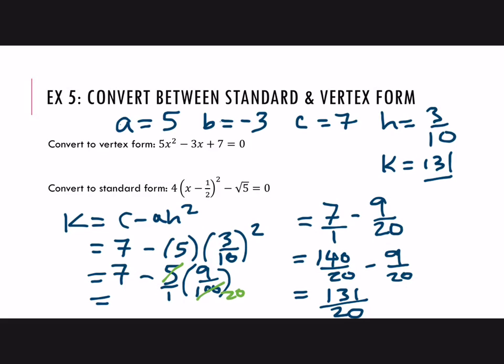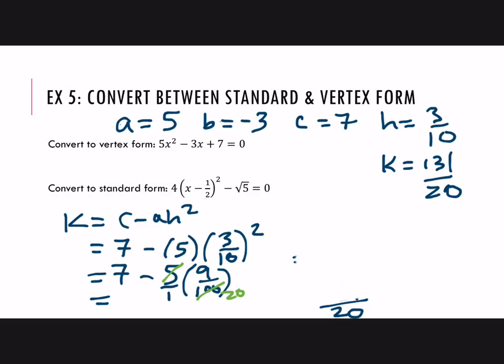Alright, so a little bit uglier, but that still works. Is that fraction in lowest terms? We do always want everything in lowest terms. Alright, so what goes into 20? Well, prime numbers that go into 20 would just be 2 and 5. Those are the only ones. And those prime numbers don't go into 131 since it's not an even number and it doesn't end in 0 or 5.